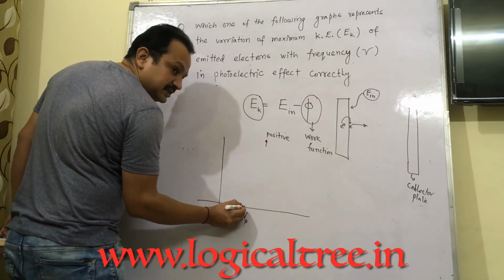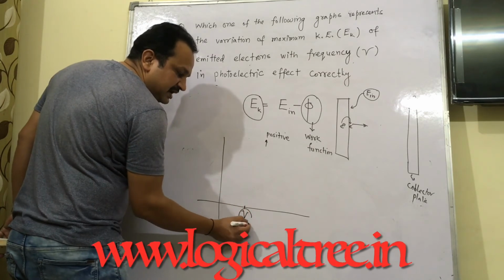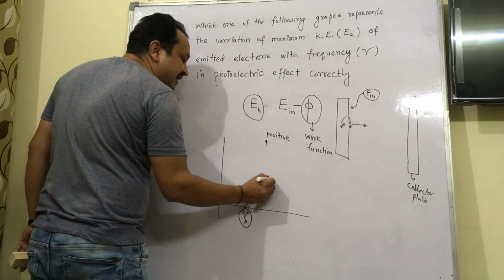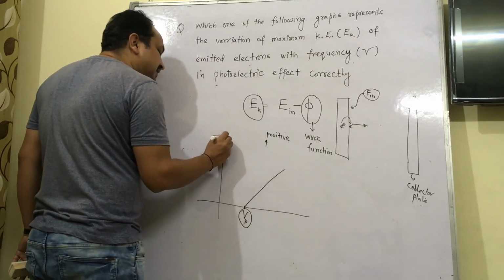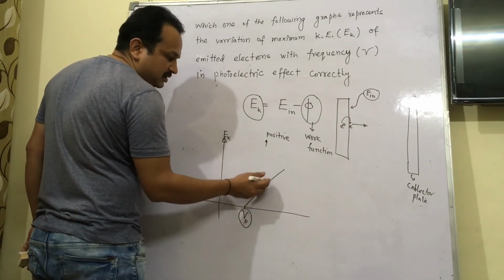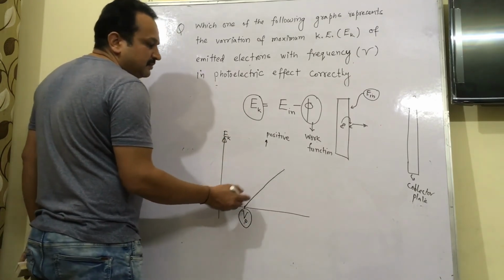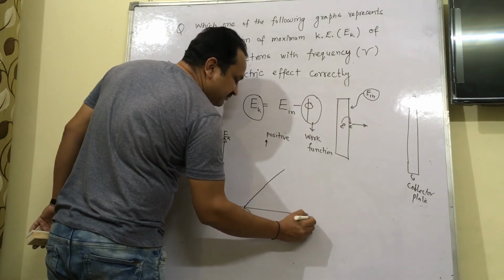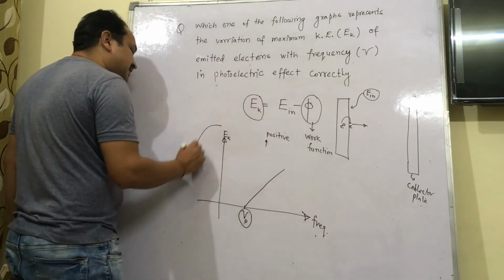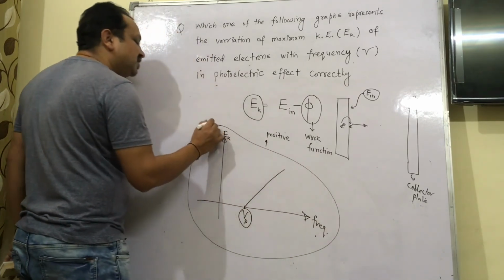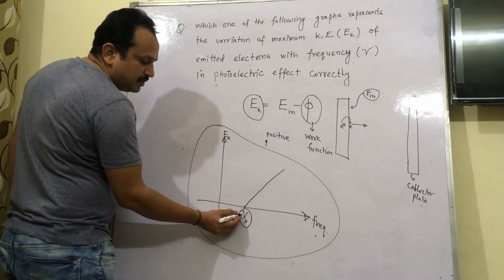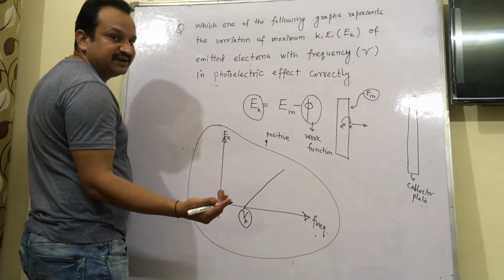After this particular incident frequency, the electron will get accelerated. Then this will have some positive slope because the slope of this line is positive. So this graph will be the correct representation of maximum kinetic energy and the frequency, because below this frequency there will be no kinetic energy of the electron.